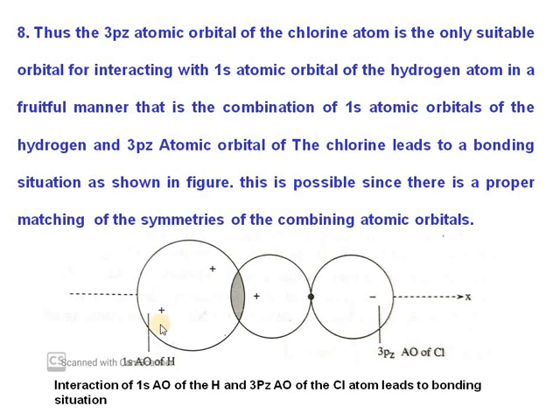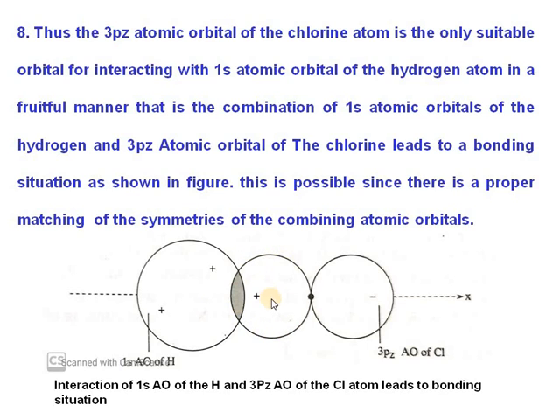Now see here, this is the hydrogen atomic orbital. It has a greater symmetry. It is along the Z axis, the 3pz atomic orbital. They have symmetric structures, right?